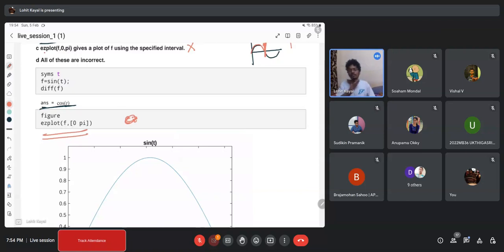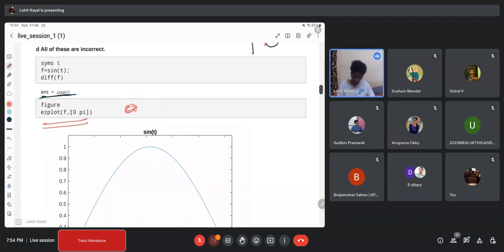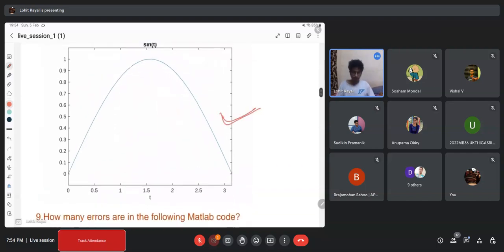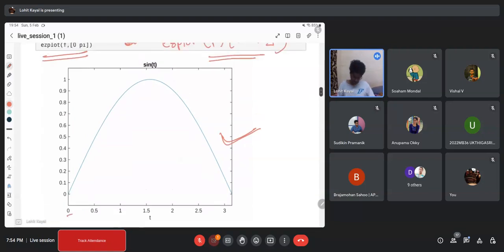You have to remember it, or if you forget, just find it on Google. So the syntax is ezplot f comma 0, that is the initial point, and this is pi. Just do this and you will see this kind of result appear. All right, so this is the plot of sin t. Here the starting point is 0, and this is 3.14 approximately, which is pi.